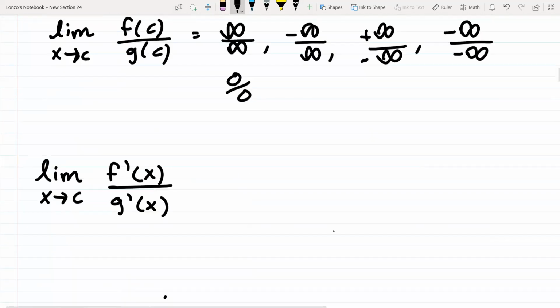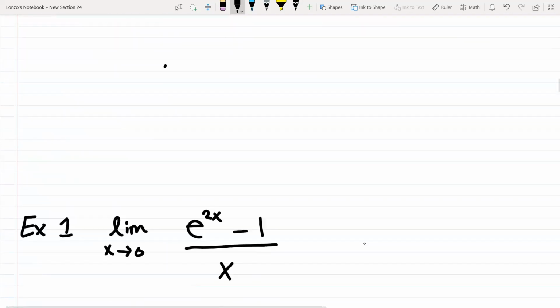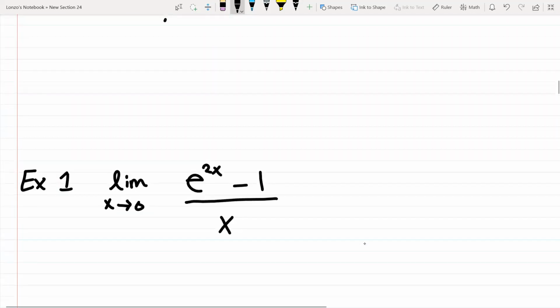You take the derivative of the numerator and then the derivative of the denominator until you don't get any of these forms. So you may have to take the derivative more than once. Usually it's just once. So let's do example 1.